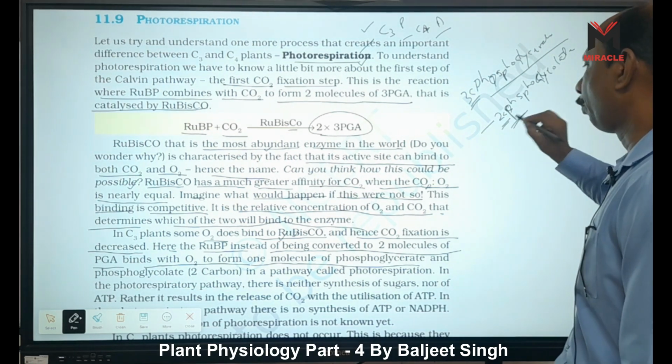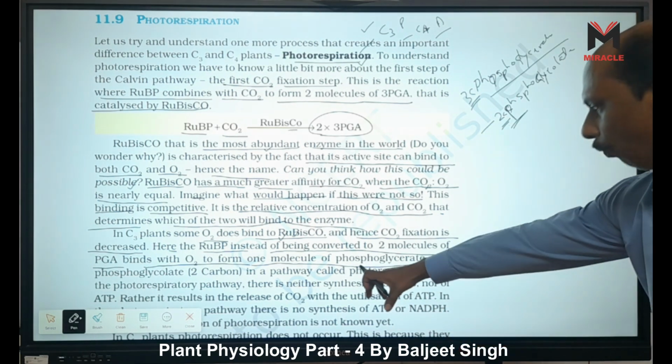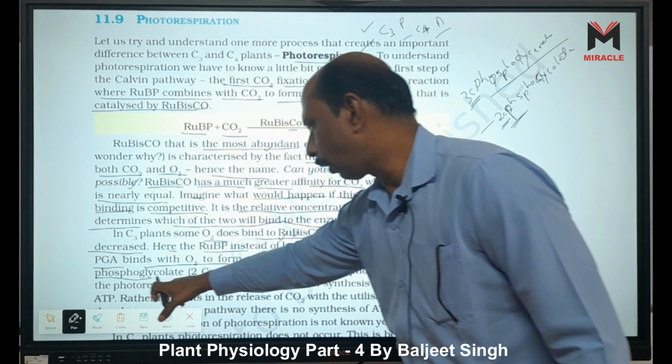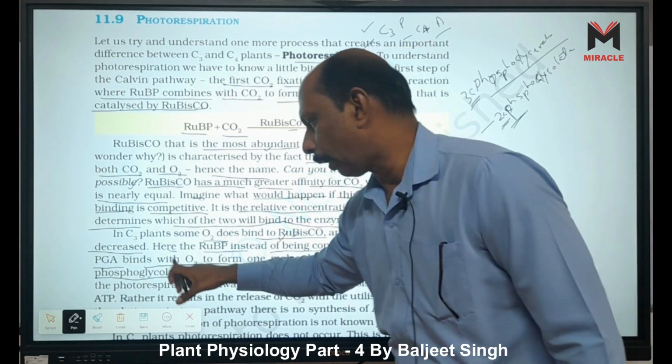So 1 molecule of phosphoglycerate and 1 molecule of phosphoglycolate.